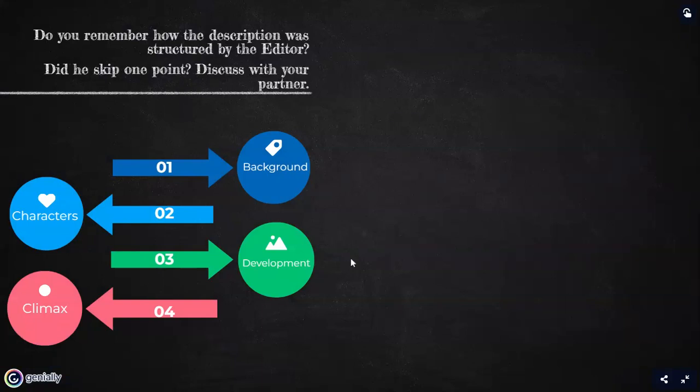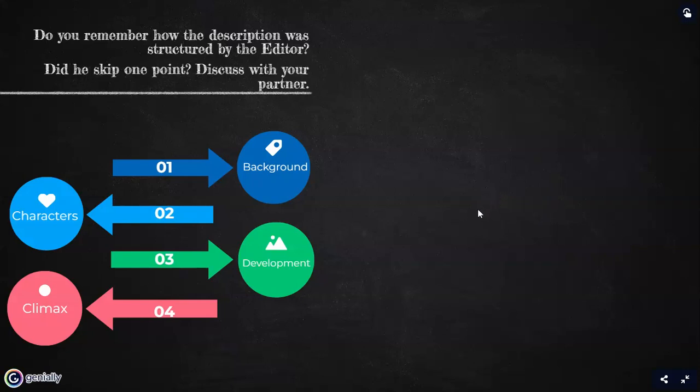Here we need to wait a bit more for the next instructions. In the following instructions, they are going to be shown 3 different posters. They need to pick one, and based on the plot structure, based on the diagram, they need to describe the picture to their partners.